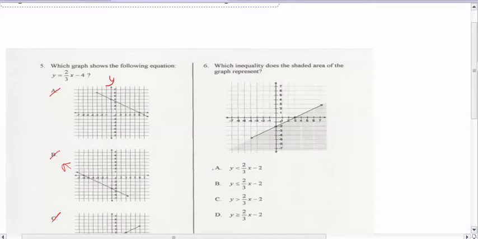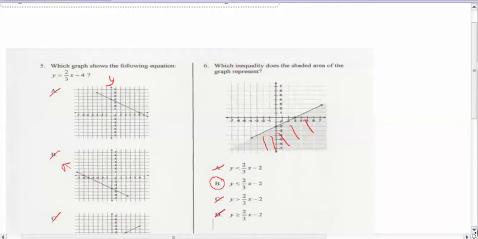I can get rid of A because there's no line under it. I can get rid of C. There's no line under it, because we need a line under it to make a solid line. Now this is shaded below the line. The one that shows below the line is the little side, and it's letter B. This is on the big side, and that would be shaded above the line. So D does not work.